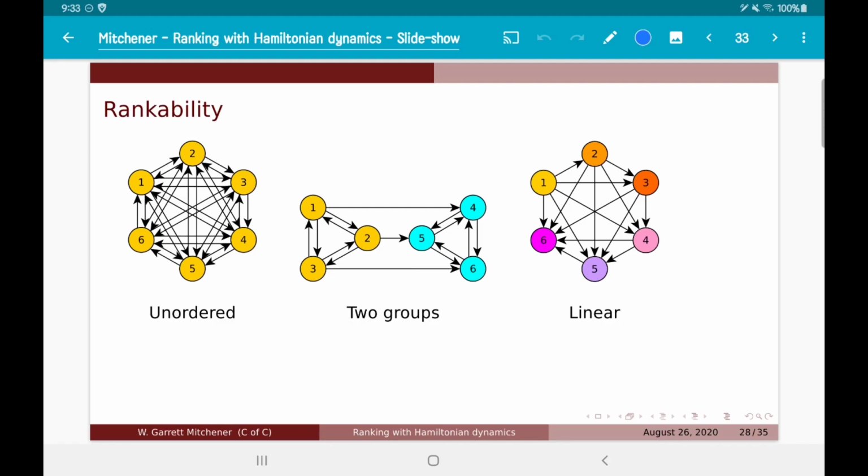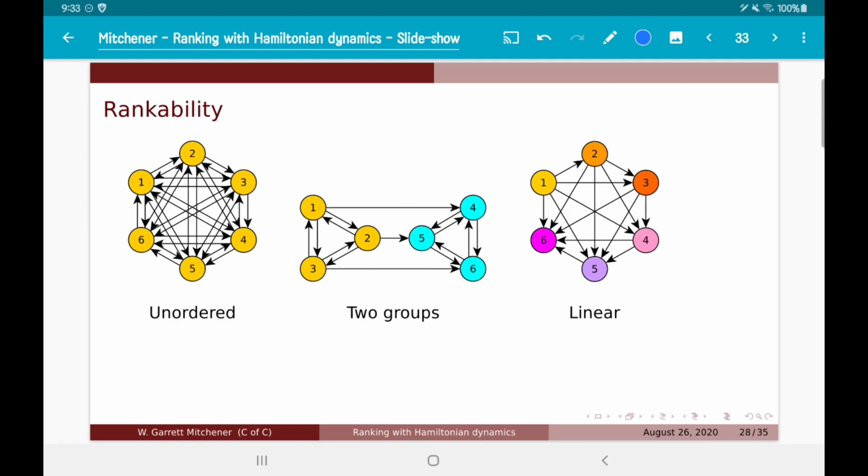But just to give you a couple of things to look at, this is a complete directed graph, so every item is interchangeable with every other item. And there are cycles all over the place. So these are 6 items that are essentially indistinguishable.